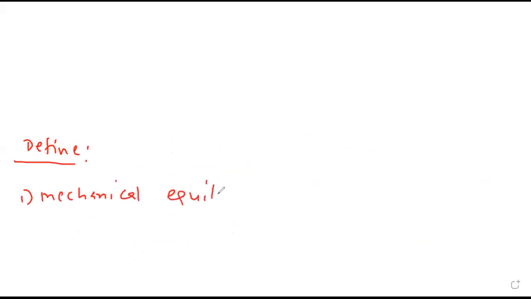Define mechanical equilibrium. Last class I explained thermal equilibrium. Whenever there is equilibrium, I said something is balanced. So whenever it is mechanical, it is related to force. So when the net force at any point in the system is zero, then the system is said to be in mechanical equilibrium.